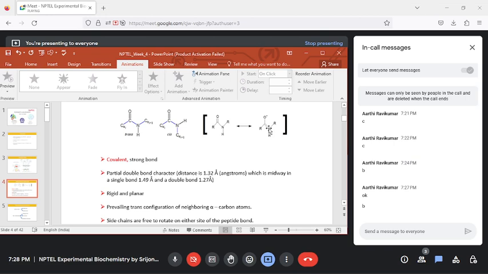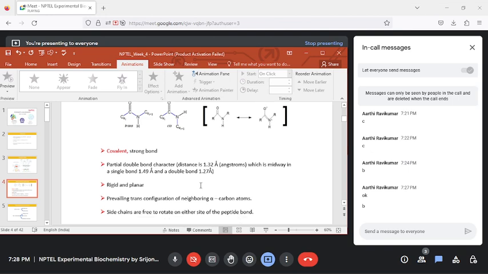Also, we have a partial double bond character between them because the lone pair of the nitrogen will fall back on the carbon, giving this oxygen a negative charge. And there is also an electron delocalization occurring between them because there is a positive negative charge, and a double bond delocalization is also taking place.